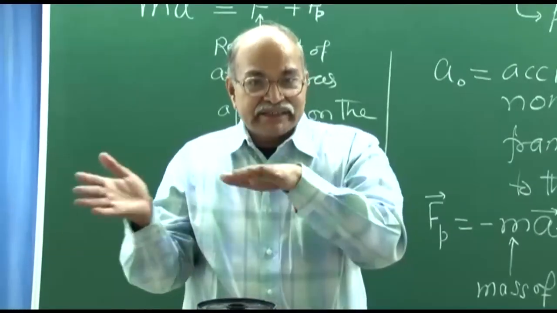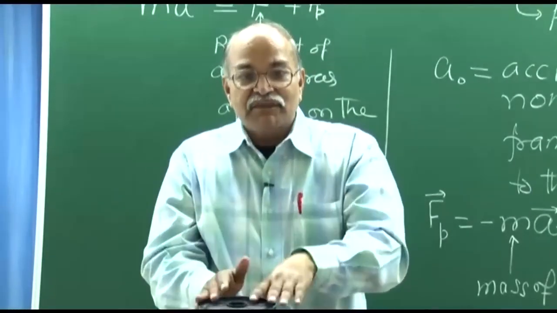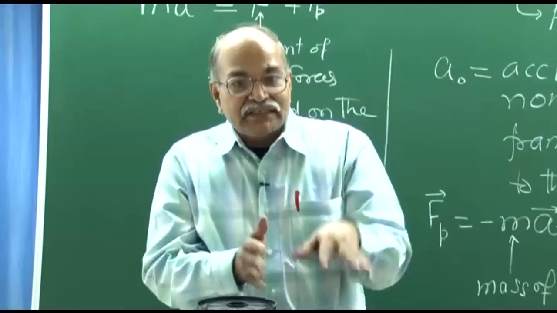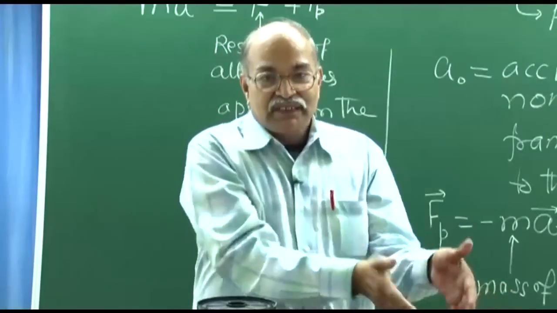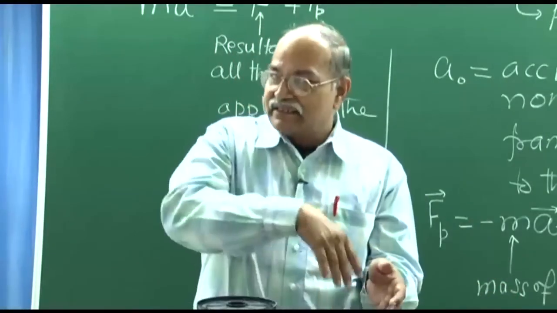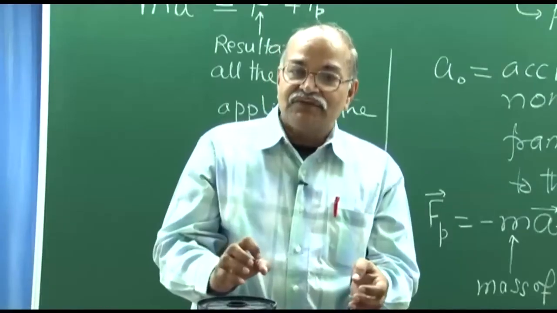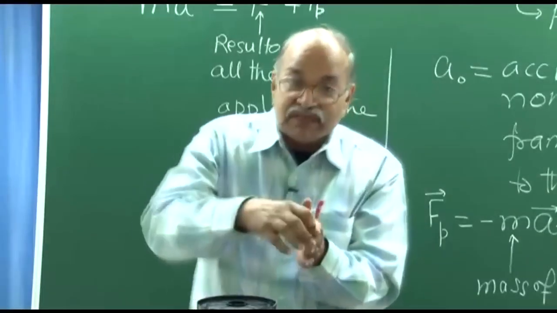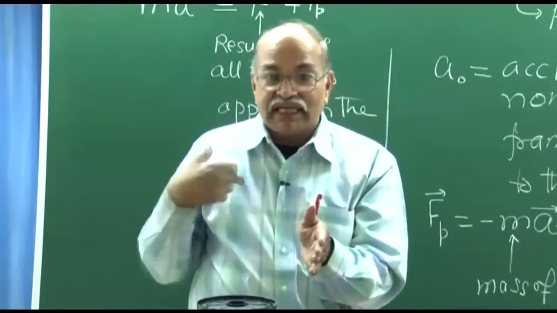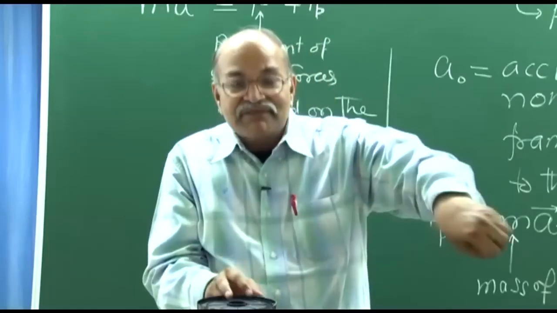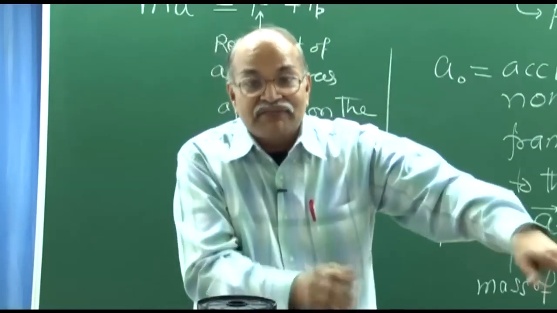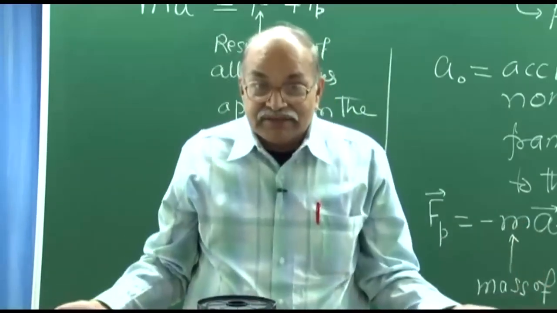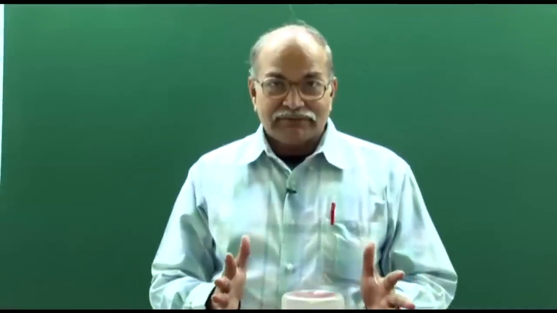First, I accelerate, the direction of the acceleration of the box is towards left, and later on when the box stops, in that part the acceleration is opposite, and hence the pseudo force in the first part is towards right as seen by me, and then towards left in the second part when the acceleration reverses.